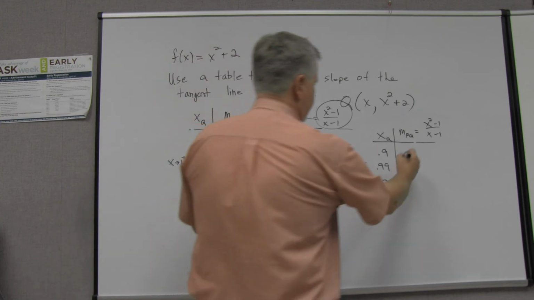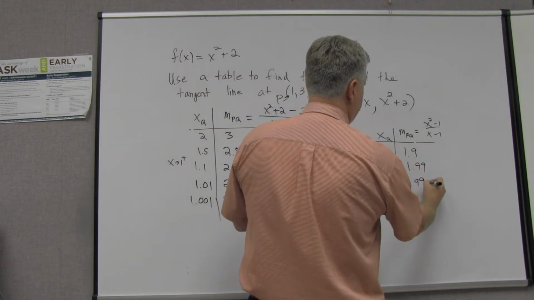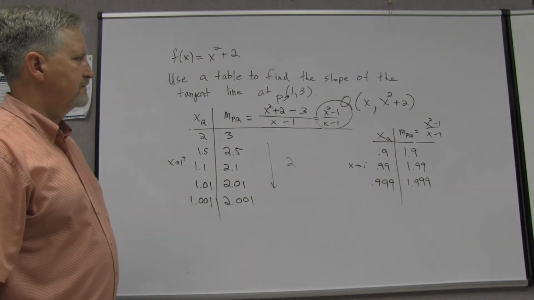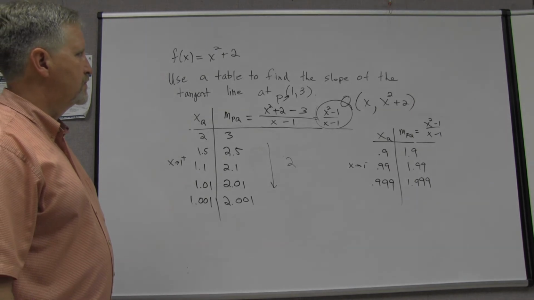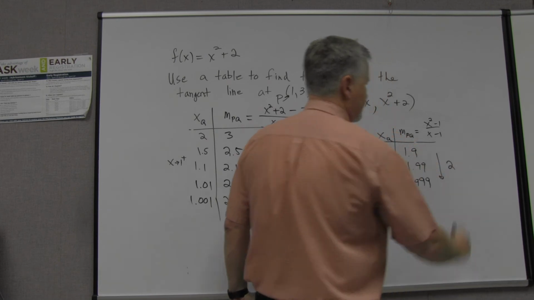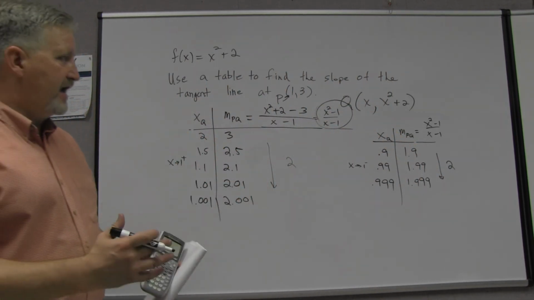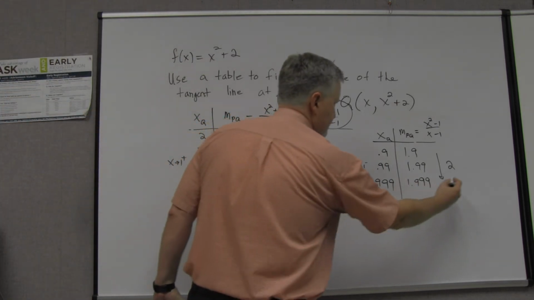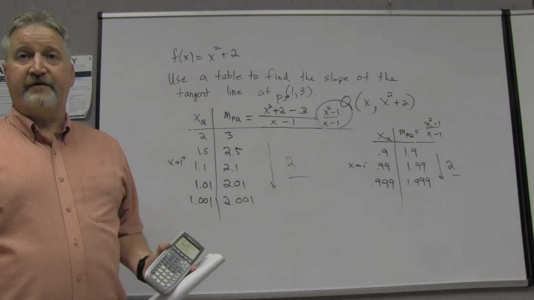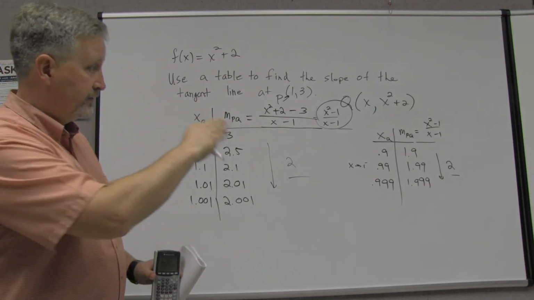Yeah, looks like we're in good shape. 1.9, 1.99, 1.999. So those also appear to be going to 2. So what that's telling me is that the slope of that tangent line looks like it's going to be 2, because as we get closer and closer to x equals 1, the slopes are going to 2.